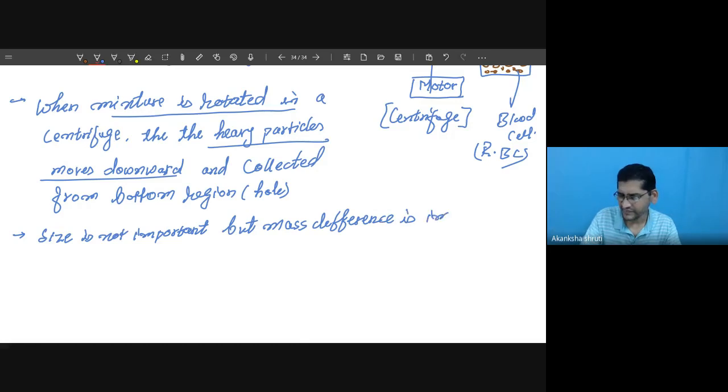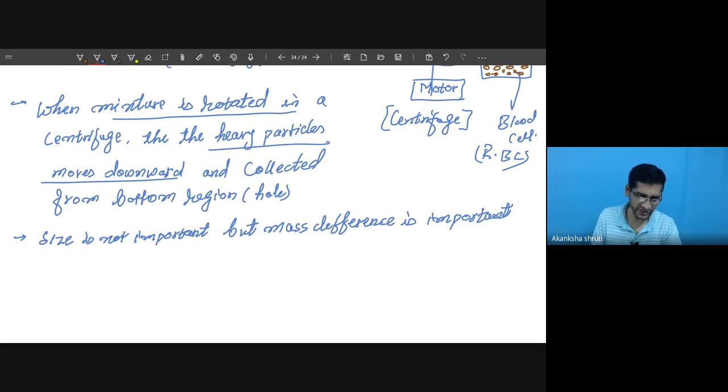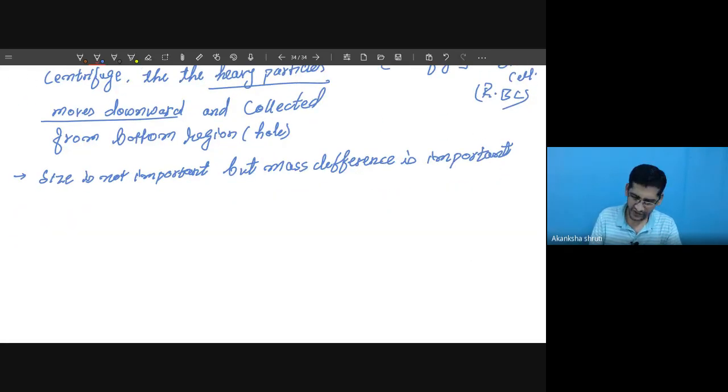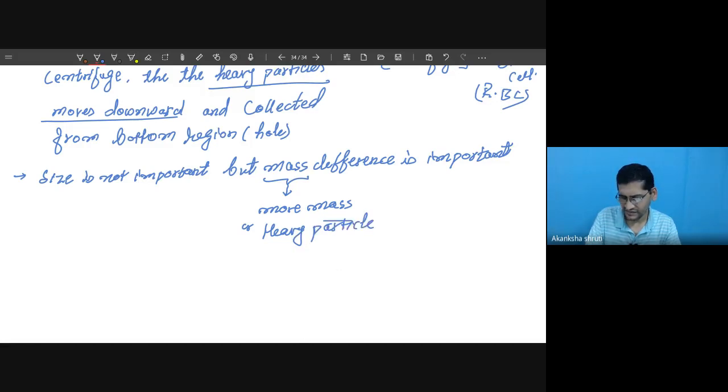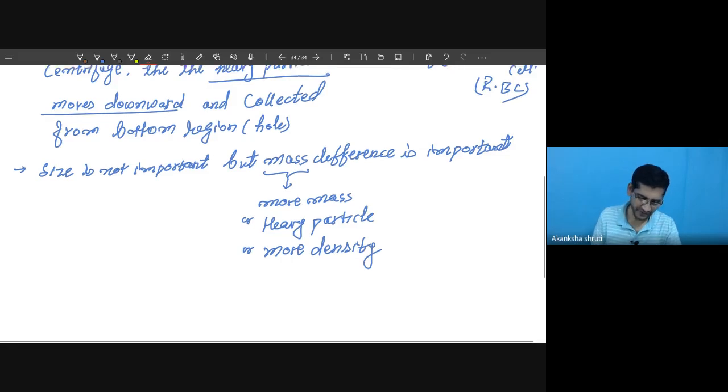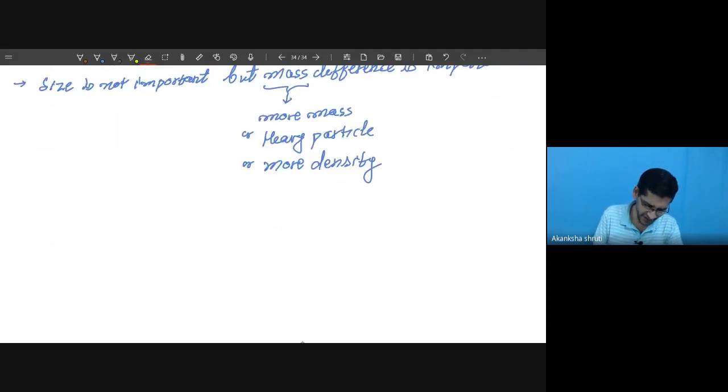Okay, more mass means it is a heavier particle, or this is sometimes also written as more density or more dense particle. So this thing we have to keep in mind where it is used.